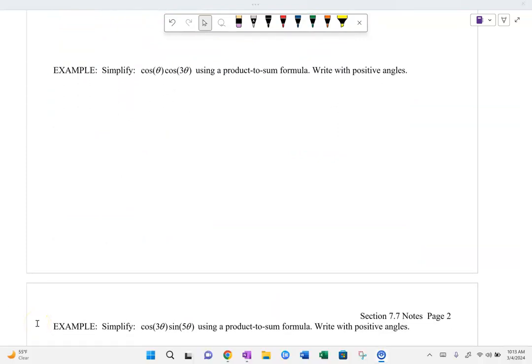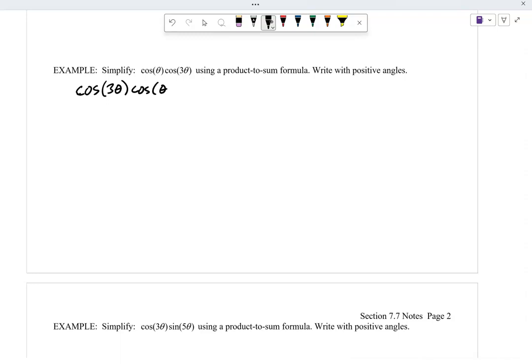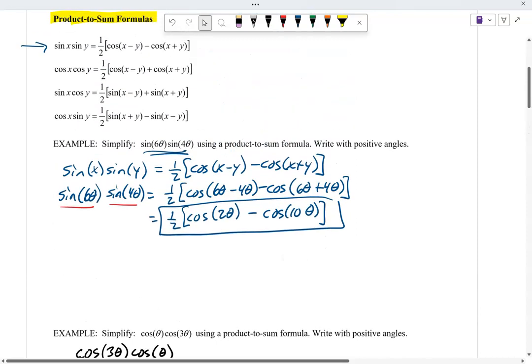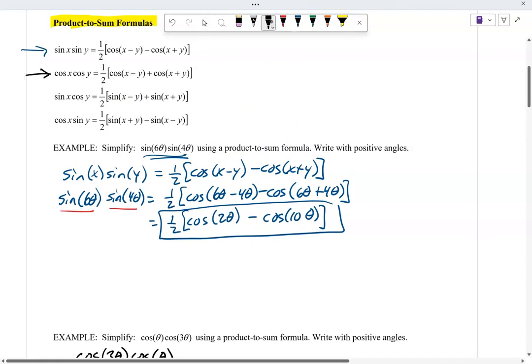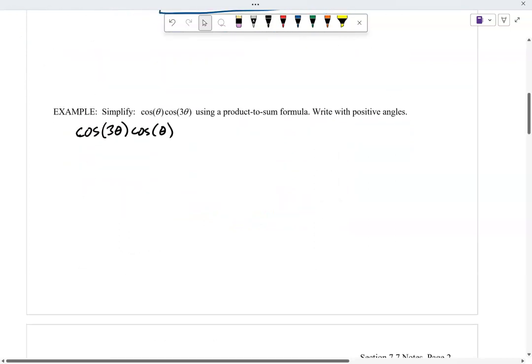All right, here we have cosine theta, cosine 3 theta. As I mentioned in that last problem, since a times b is the same as b times a, I'm going to put that larger angle first before I put the theta. Then I'm following the cosine x, cosine y formula, so I'm using that one right there.